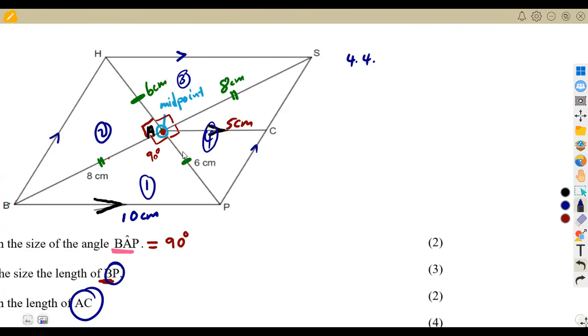Considering these 4 equal triangles, I can simply calculate the area of one triangle and multiply it by 4 because they are equal.